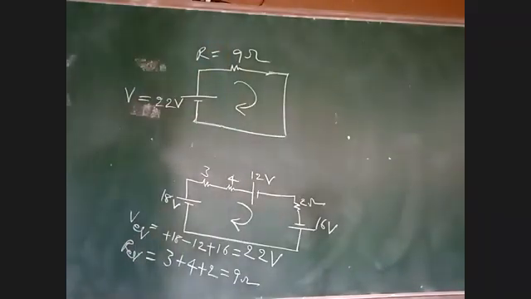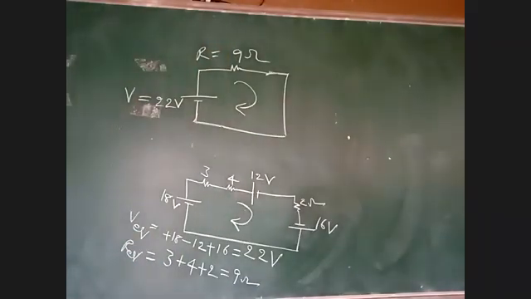So we have simplified the network. Now the conclusion is source transformation is used for simplification of the network. Any complicated network can be simplified by using source transformation. In this way, we will apply the source transformation. We can convert voltage to current source and current source to voltage source.